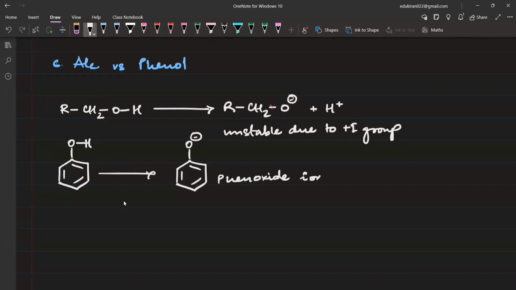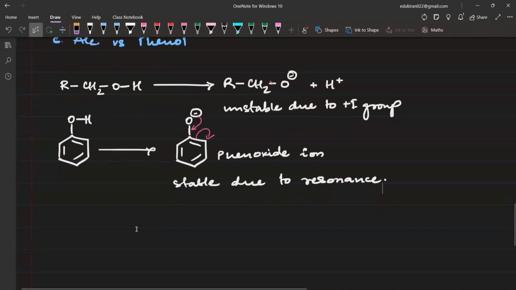Phenoxide ion, alkoxide ion. This is phenoxide ion. Now you can easily see that O negative can do resonance like this, and it can show resonating structures. So what I will write, this is stable due to resonance. Simple answers: unstable due to plus I group and stable due to resonance.